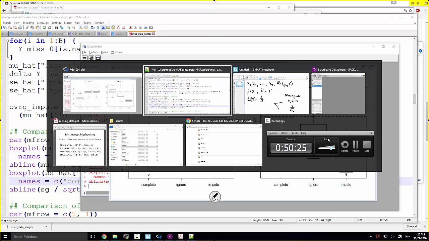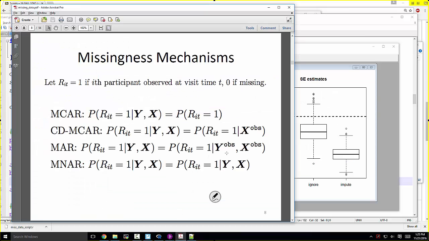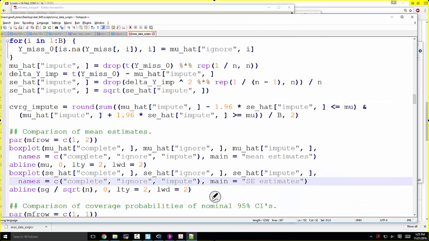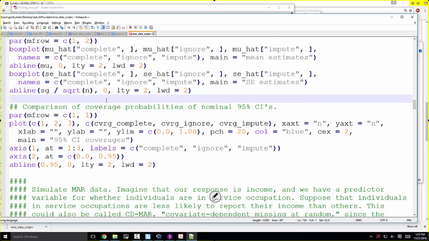Let me come back here for just a second and say something else rather pessimistic about missing data. This missing not at random case, which is what we just looked at, let me complete the story here first and then I'll come back. Let's look at coverage probabilities.